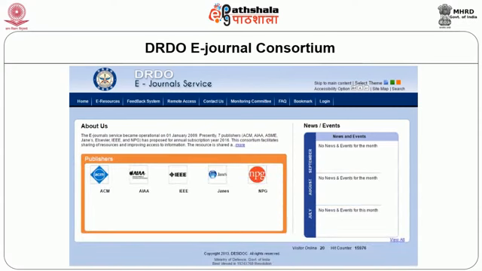DRDO e-Journal Consortium, Defense Research and Development. MCIT Consortium. The Ministry of Communication and Information Technology Consortium caters to the information requirement of 9 institutions, including NIC, CDEC and CDOT.